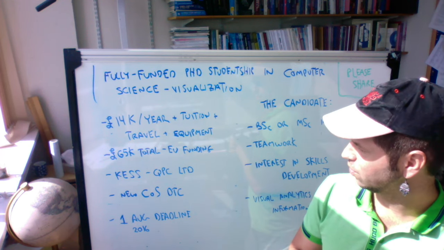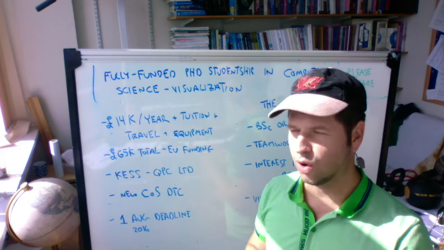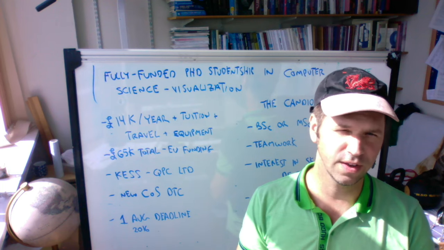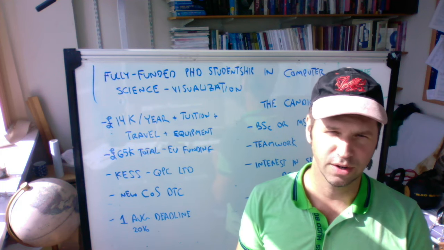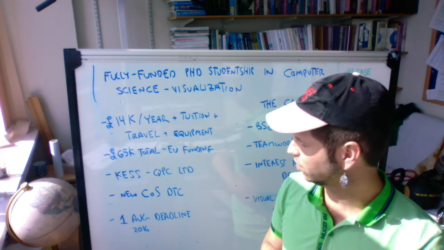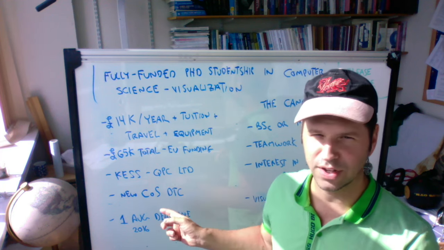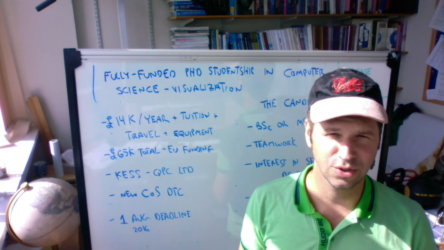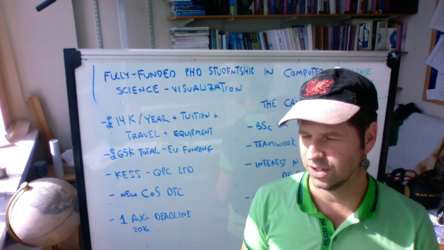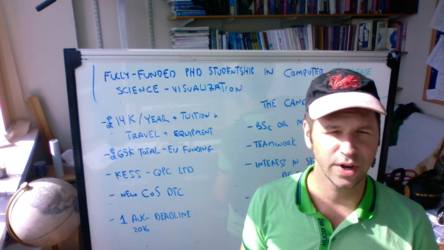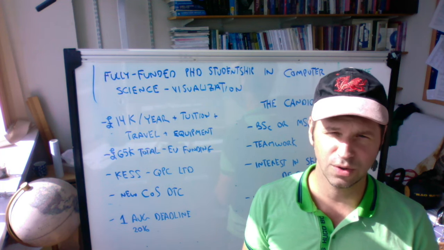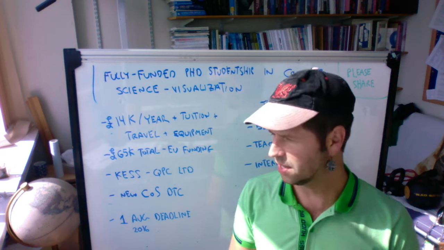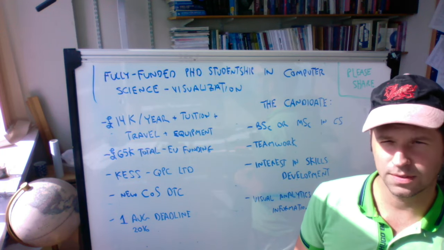The new student will be part of the new College of Science Doctoral Training Center. So we're going to hear more about the new College of Science Doctoral Training Center in the future. I just happen to be the director of that doctoral training center, so that's going to feature a nice training seminar series for all the new doctoral students in the College of Science.